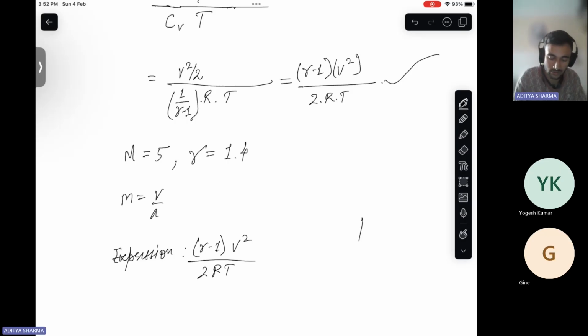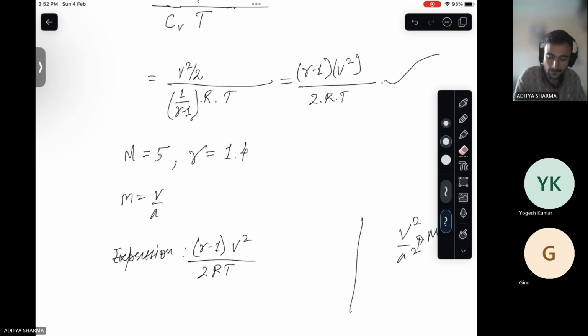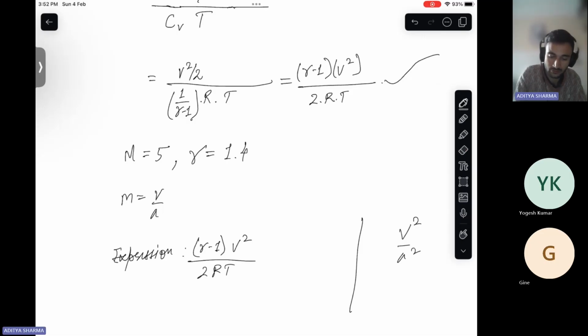So if I can have a denominator a square, then this value is nothing but M square.